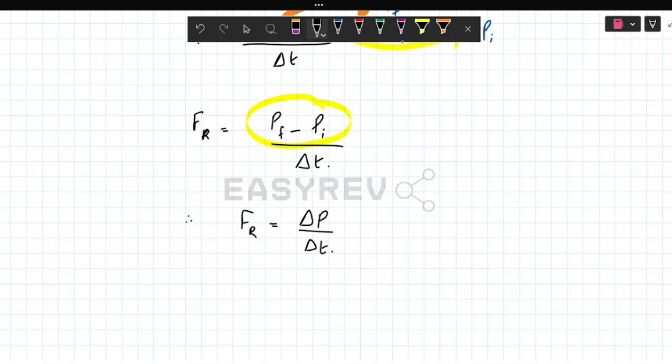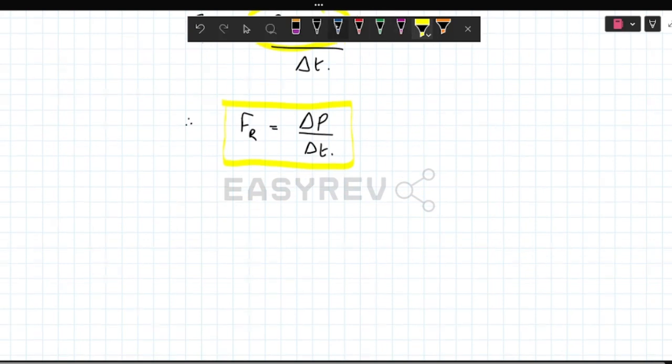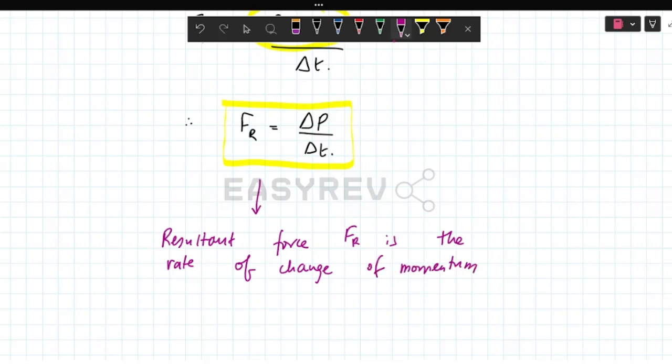What you've established here is a very important and quite fundamental definition of resultant force. That is, that the resultant force Fr is the rate of change of momentum. Now, this is extremely important, because in reality, this is how Sir Isaac Newton had defined resultant force to begin with.